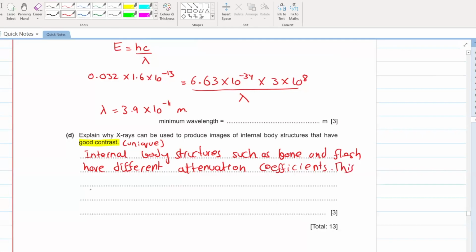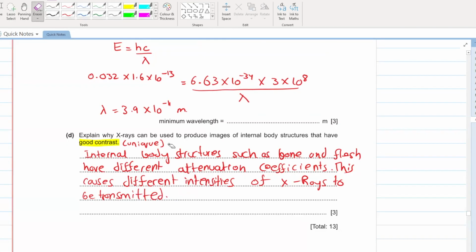This causes different intensities of X-rays to be transmitted, hence creating a good contrasting image.